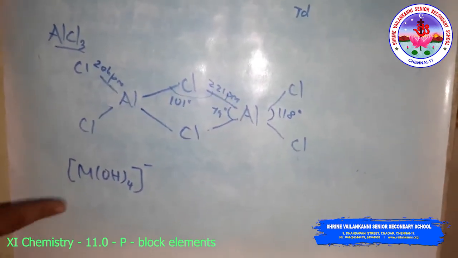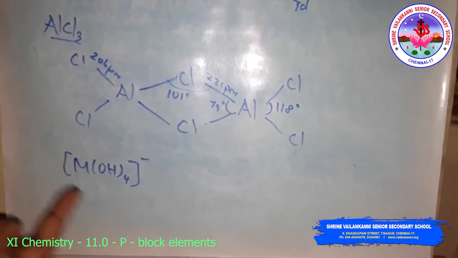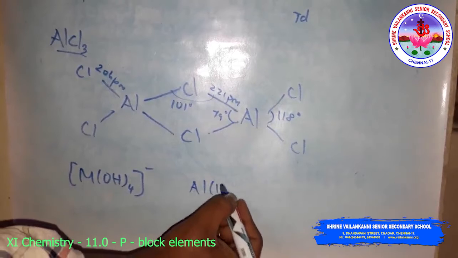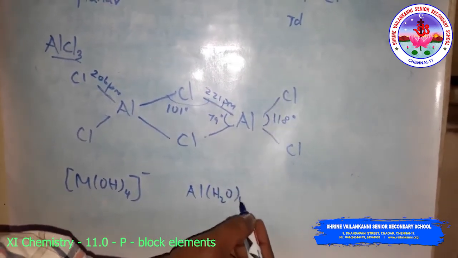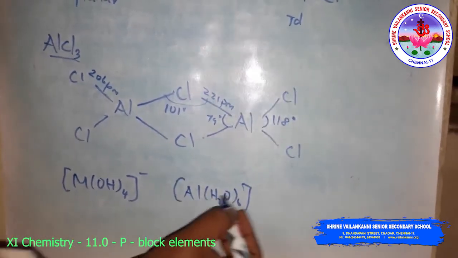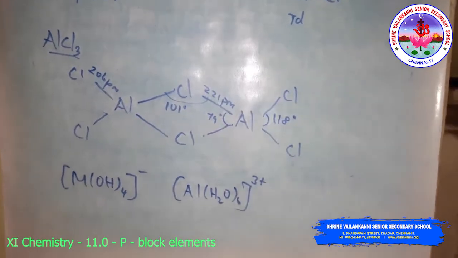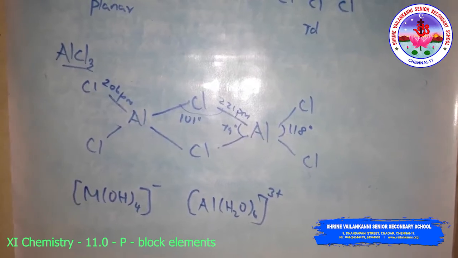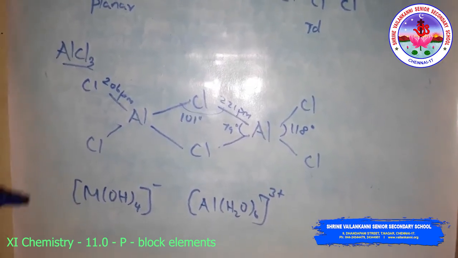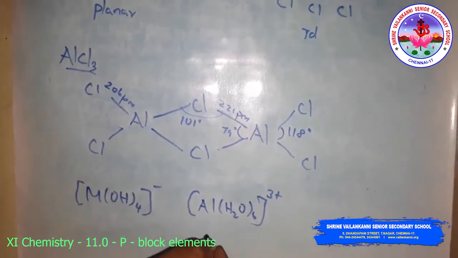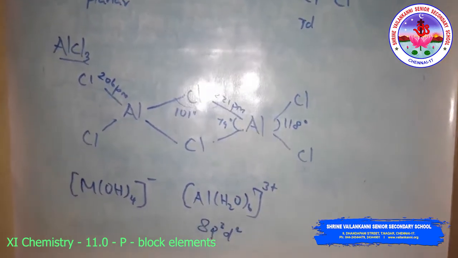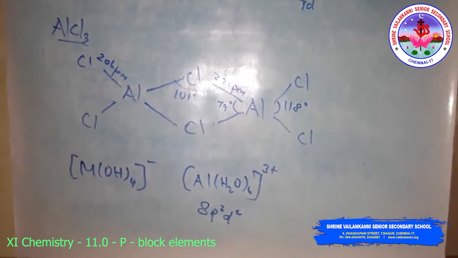Then aluminum chloride in acidified aqueous solution forms an octahedral species, like [Al(H2O)6]3+, that is the 3+ ion. In this complex ion, the 3d orbitals of aluminum are involved and the hybridization state of aluminum is sp3d2. So this is the octahedral state.